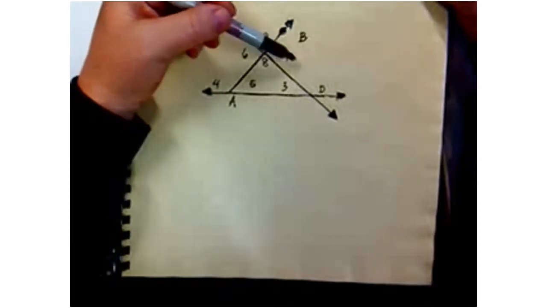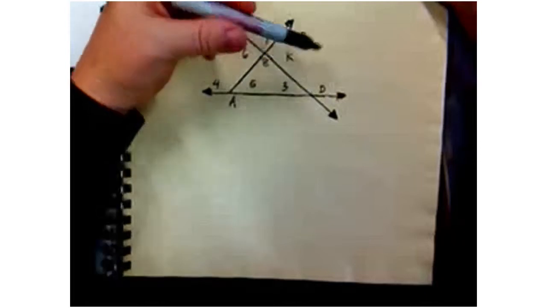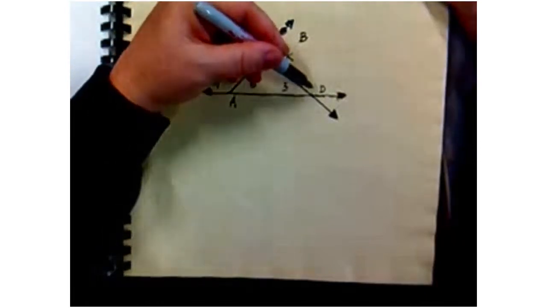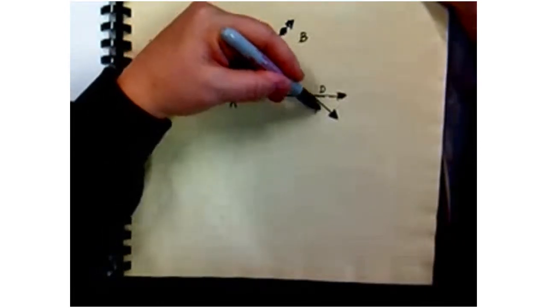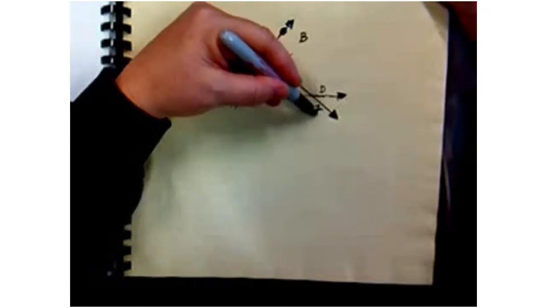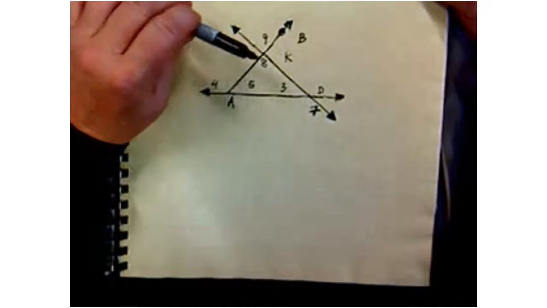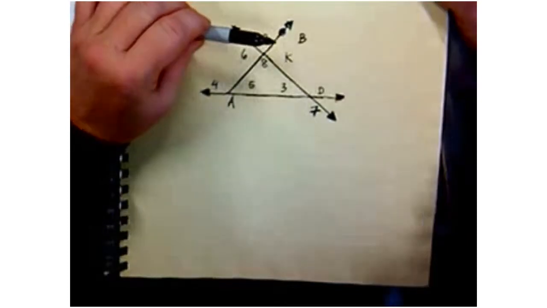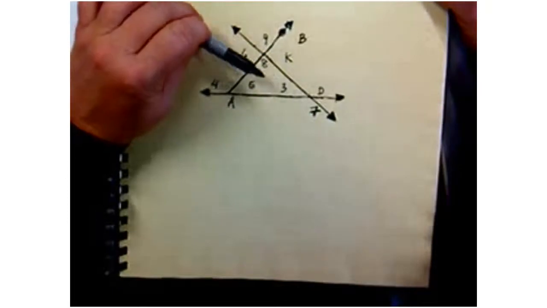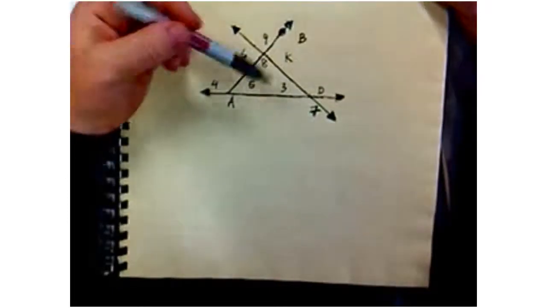And then at the bottom right, they've labeled an exterior angle 7. So they're saying in figure 1, 3, 5, and 8 are exterior angles.